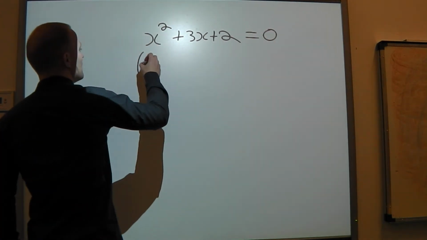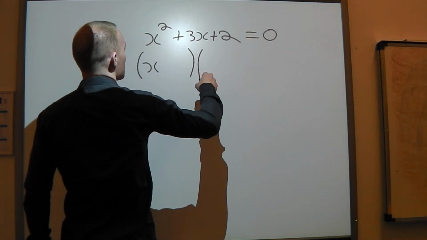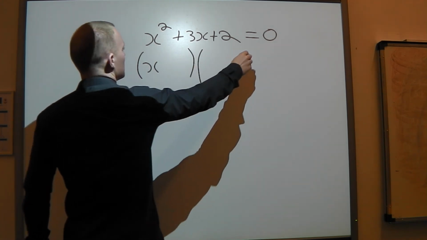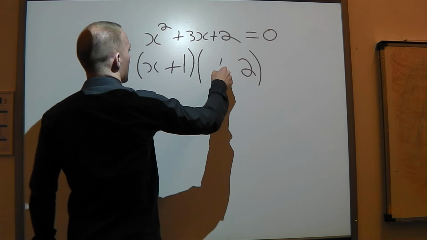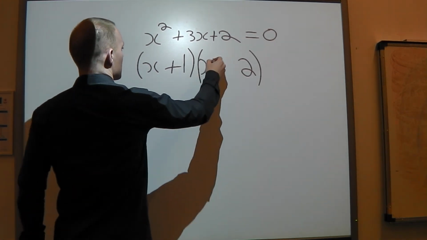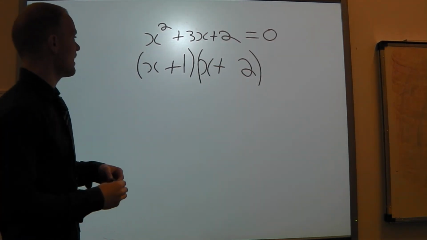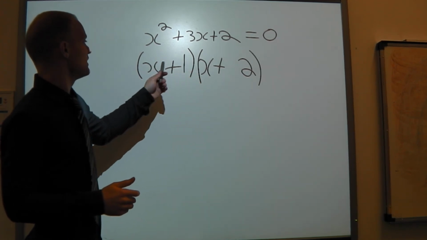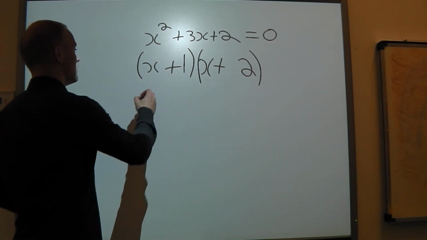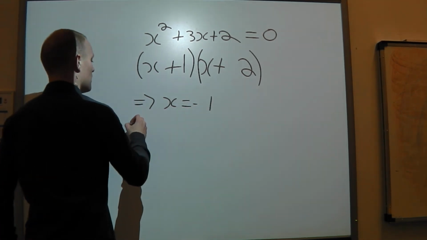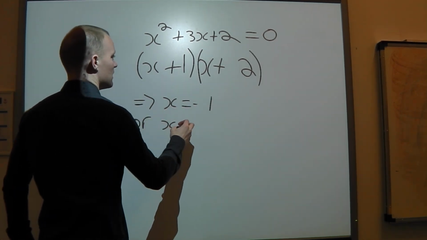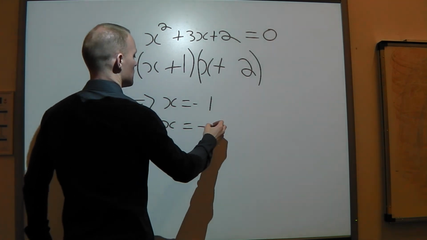Then we just factorize this, and we're going to have 2 here, and 1 here, and we're going to have positive. So we know that this is equal to 0, and these are the other factors. That implies that x is equal to negative 1, or x is equal to negative 2.